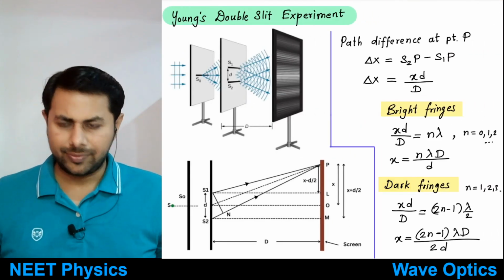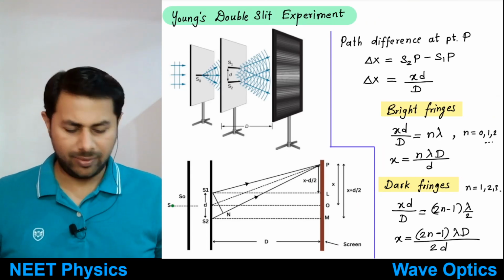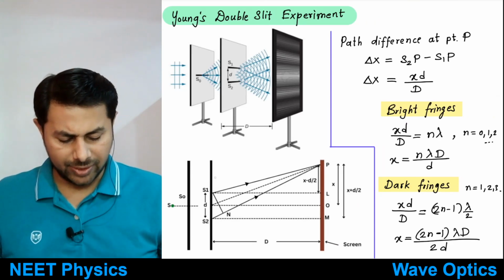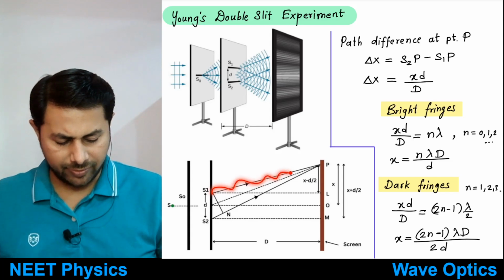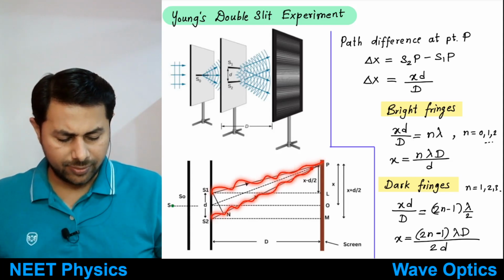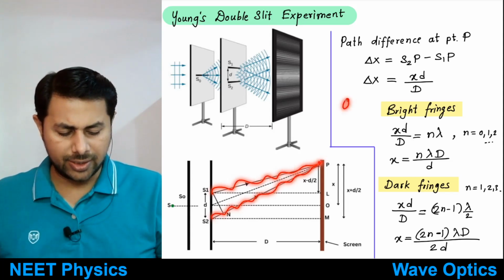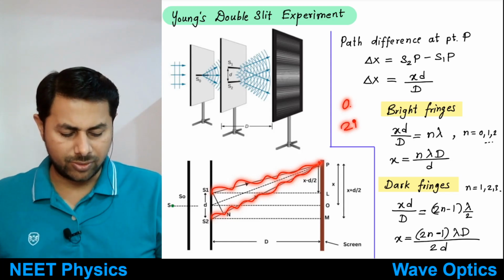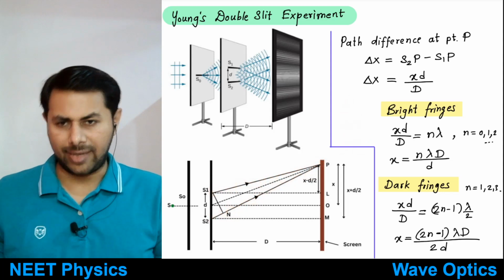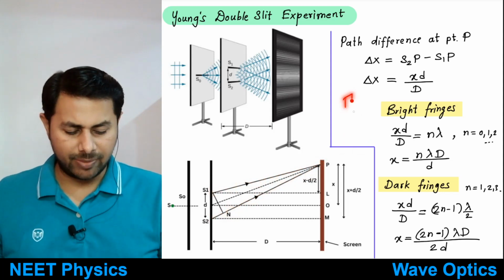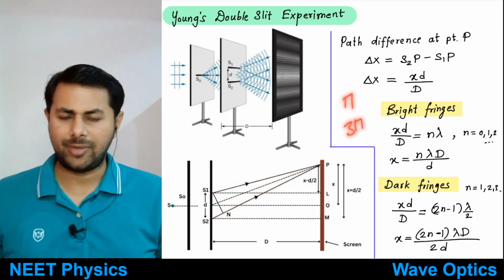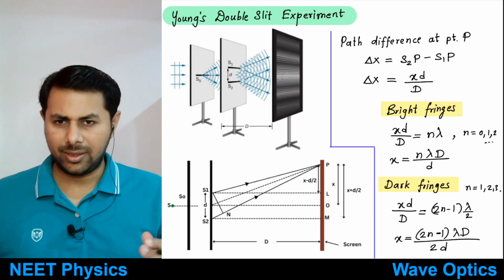We know that the point will be bright if the phase difference in the waves coming from S1 and from S2 is either 0, or 2 pi, or 4 pi. If the phase difference is pi, 3 pi, odd multiples of pi, then it would be dark.